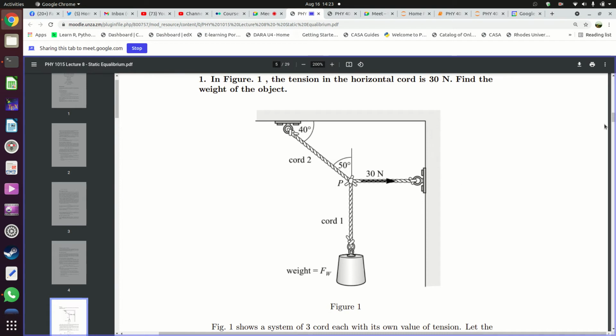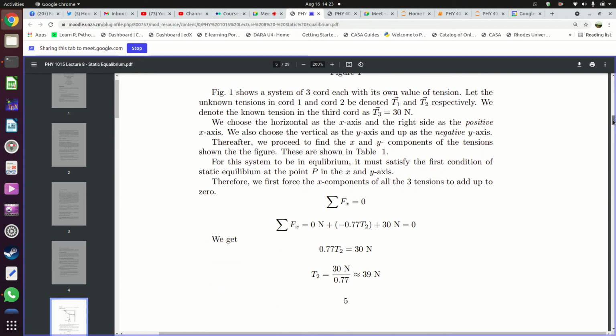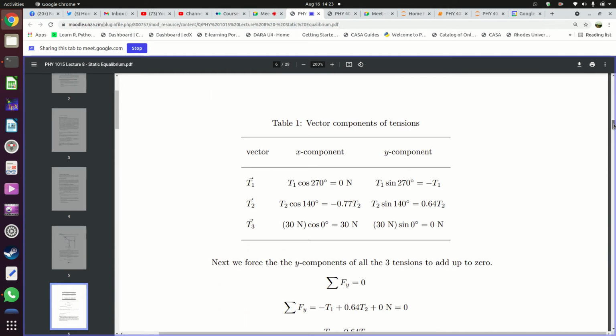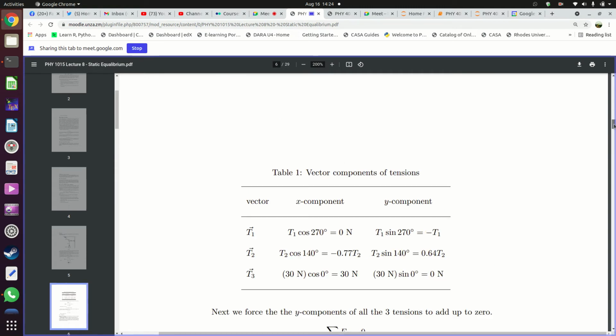We are trying to find out how much force lives in this rope and how much force lives in that rope. We are going to create a table of components. The tension which lives in the first chord, chord 1, we call T1. The tension in this rope we call T2.